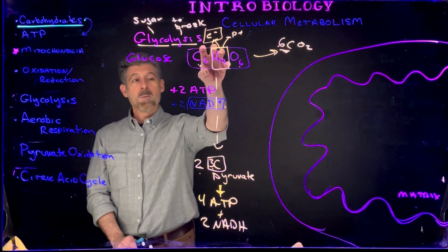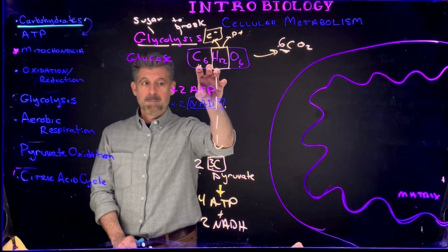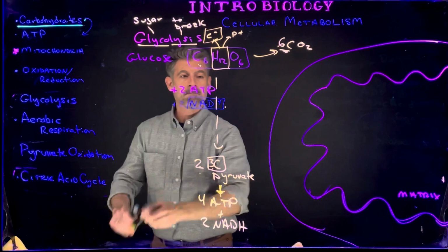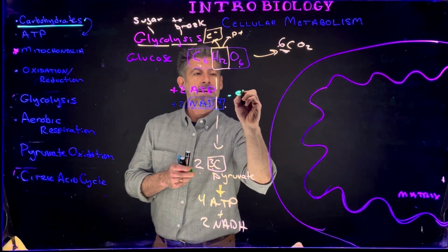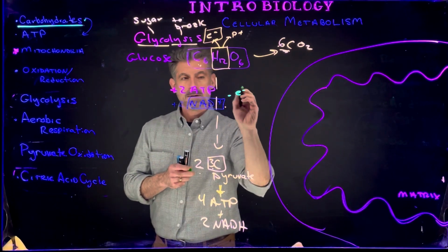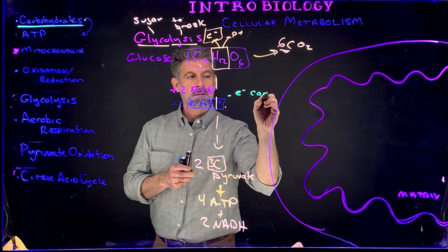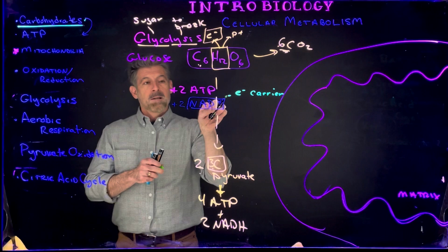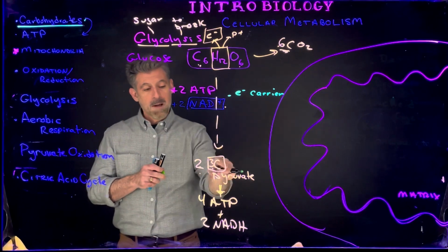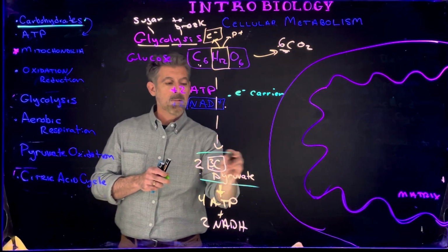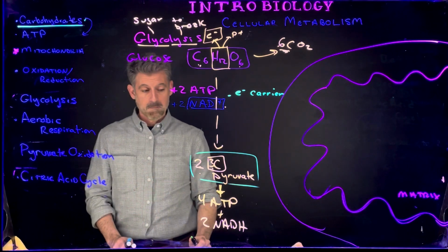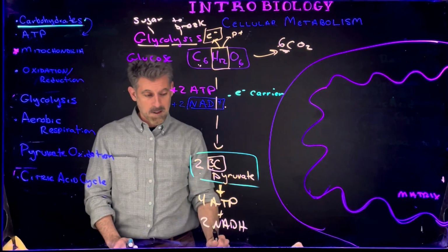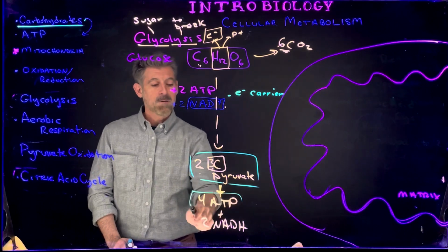So this is what glycolysis does in a super simplistic nutshell. It takes a glucose molecule, an ATP, and this thing called NAD+, which is an electron carrier. It takes that and then makes 2 3-carbon molecules called pyruvate. I'm not going to draw the structure. There's 3 carbons, plus there's hydrogens and oxygens attached to it. It makes 4 ATP.